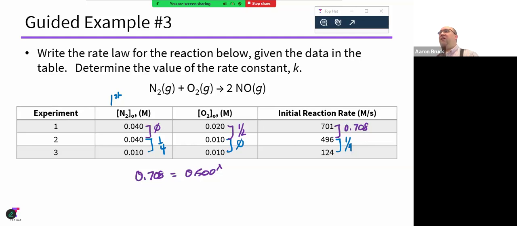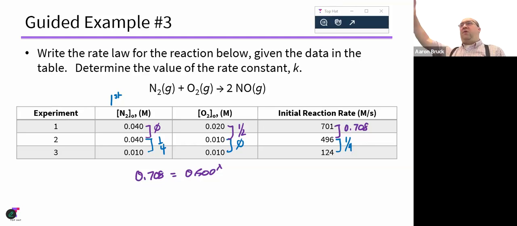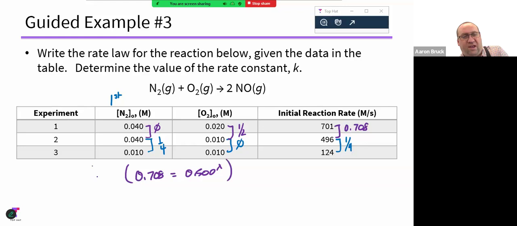Because that's basically what it is, right? We've got the ratio of rates, 0.708, and we've got the impact of the concentration, 1/2, raised to whatever its order is. If we take the logarithm of everything, it's going to give us the log of 0.708 is equal to x times the log of 0.5.